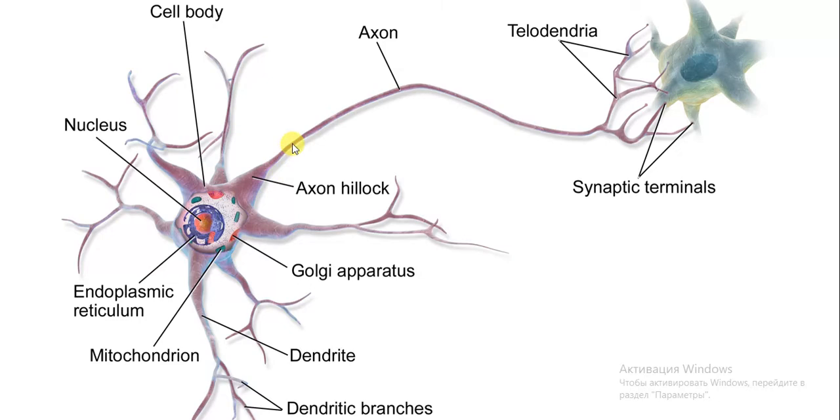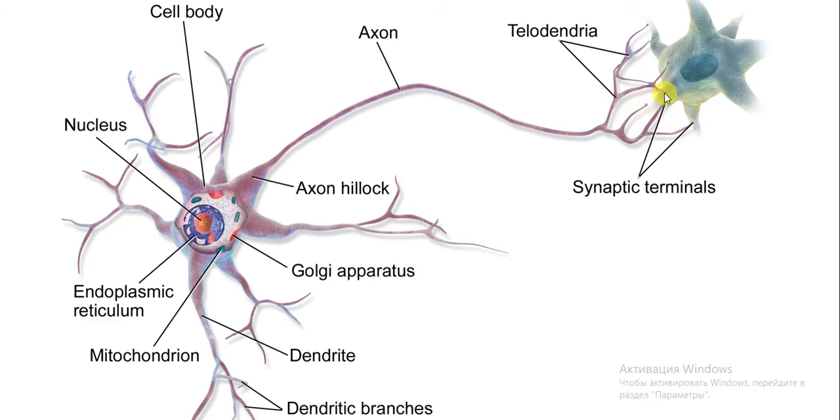Okay, then the axon. Axon by structure is similar to the axon hillock. Axon also possesses no rough endoplasmic reticulum. It possesses only smooth endoplasmic reticulum, cell membrane, a lot of mitochondria. It possesses microtubules, and also a lot of neurofilaments. And at the end of the axon, we have synaptic terminals.